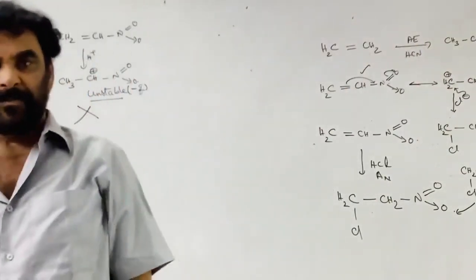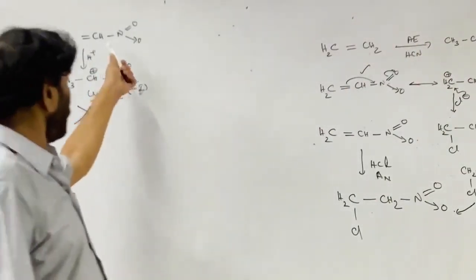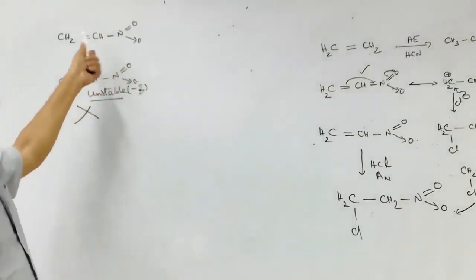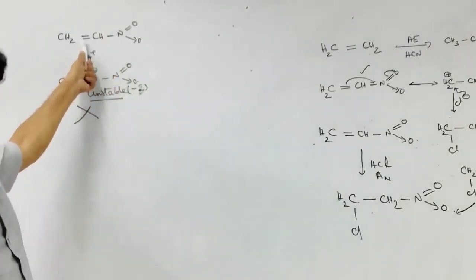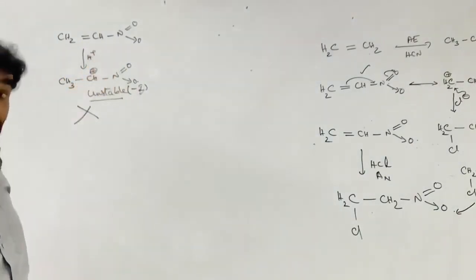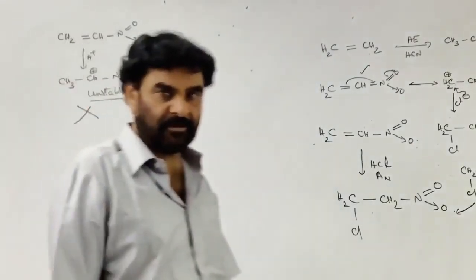So the presence of the nitro group is activating the ethylenic center, the carbon-carbon double bond center, towards nucleophilic addition reactions.